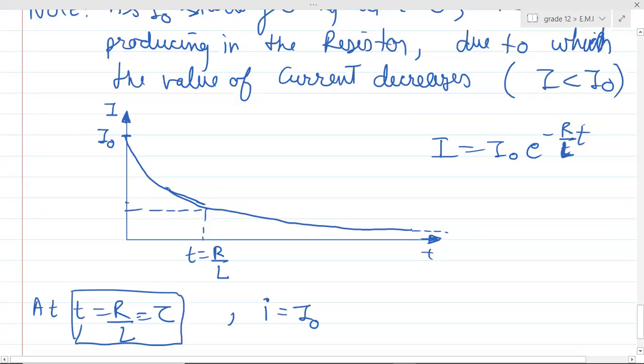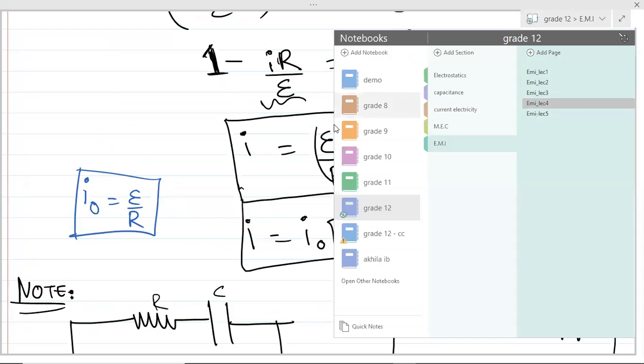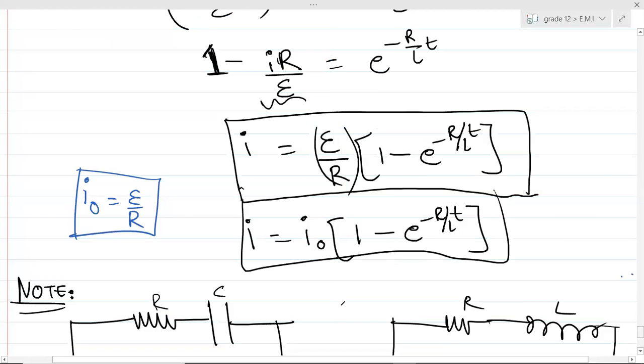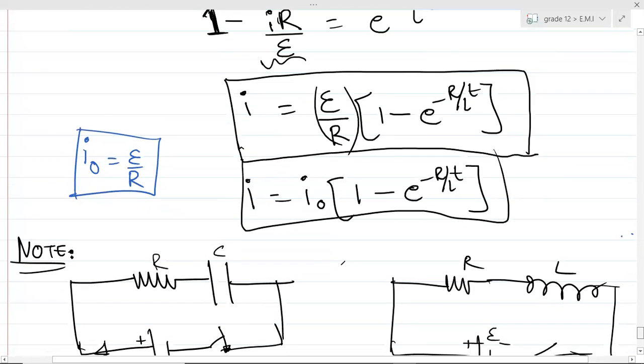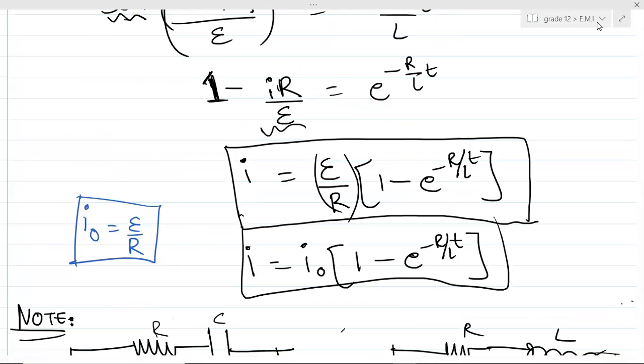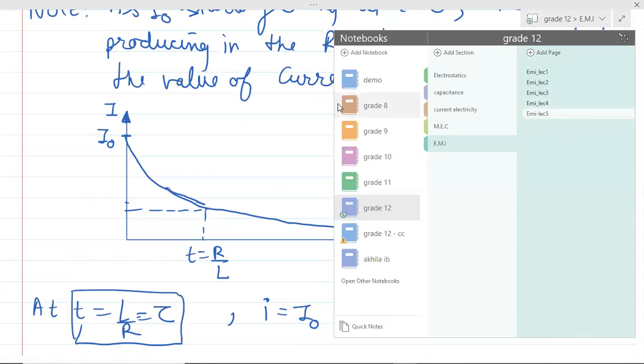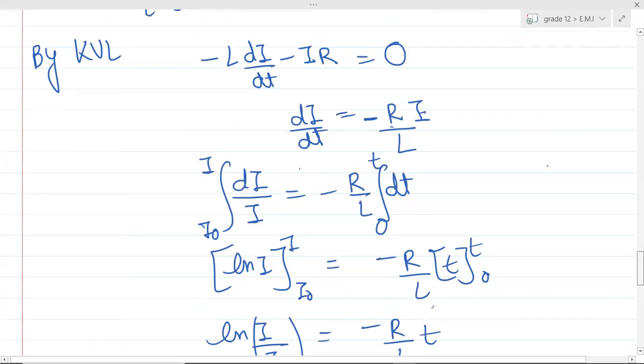Oh, it will be L by R. This time constant will be L by R. Here also it was L by R. Why is it like that? Because then only it will become e to the power minus 1.